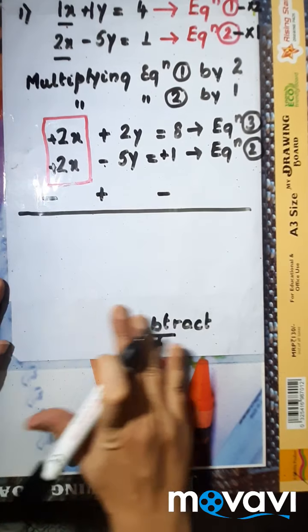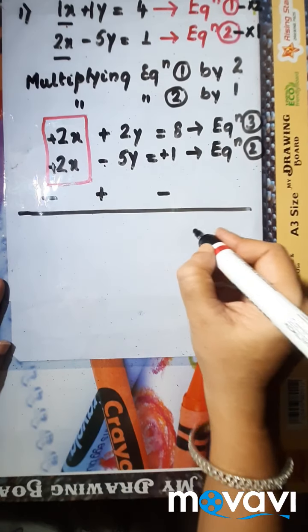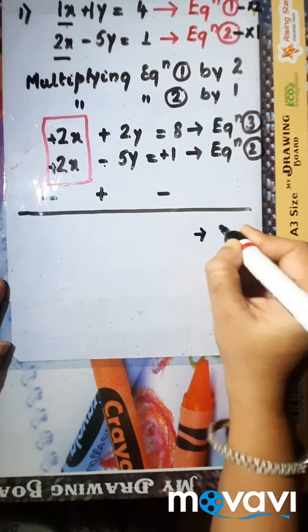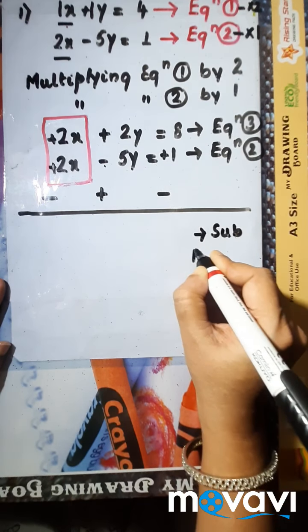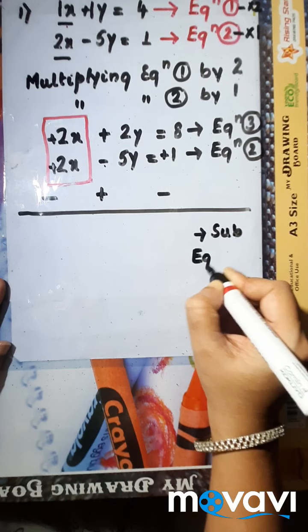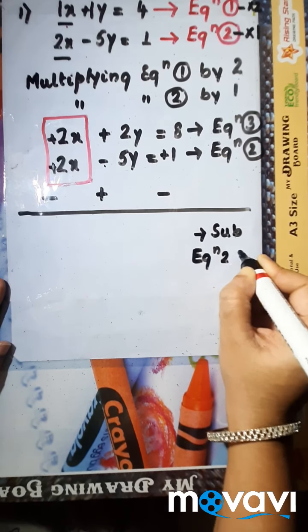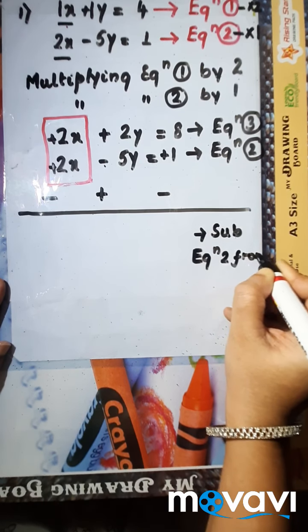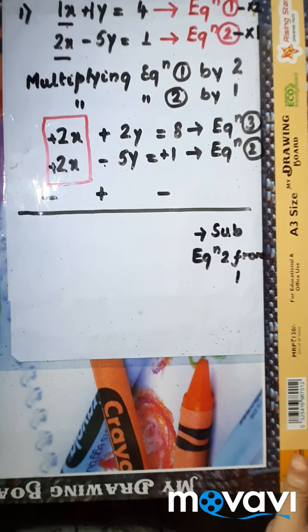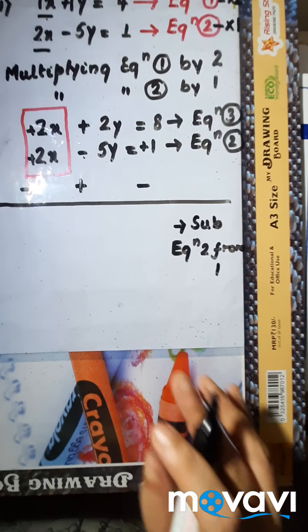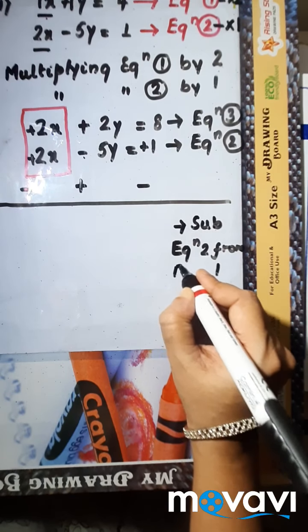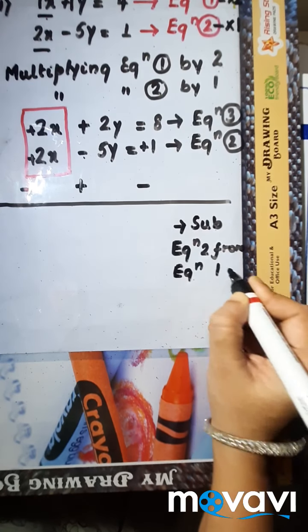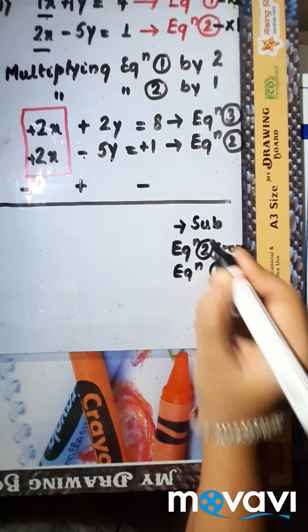So what I did is I subtracted equation 2 from 1. Whenever I subtract 2 from 1, it means I changed the signs of equation 2.